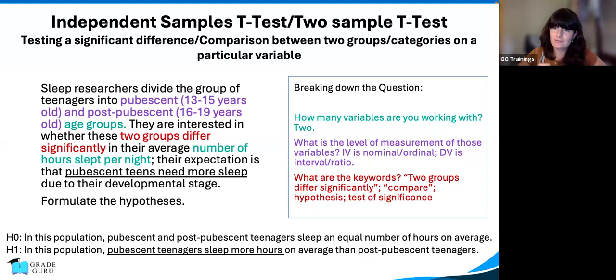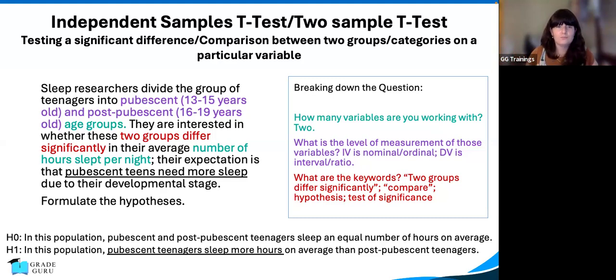Have I said specifically which group sleeps less or sleeps more? No, just that they're not the same. Imagine the nationality example: there is a significant difference between Dutch GPA and international GPA. Very different. Cool. Which one has the higher one? Which one is lower? We don't know because it's non-directional.